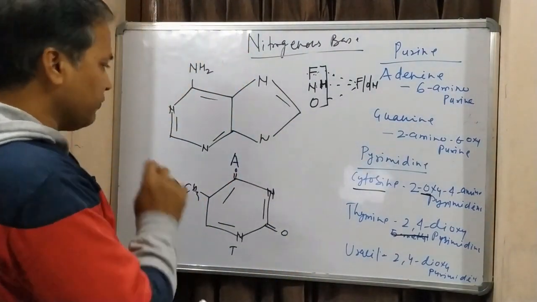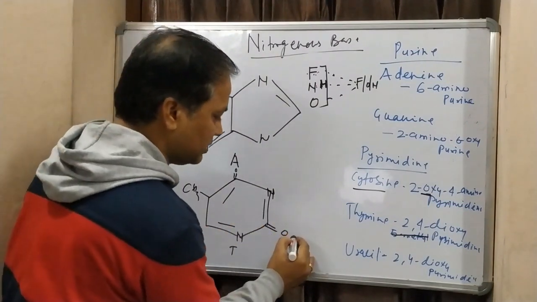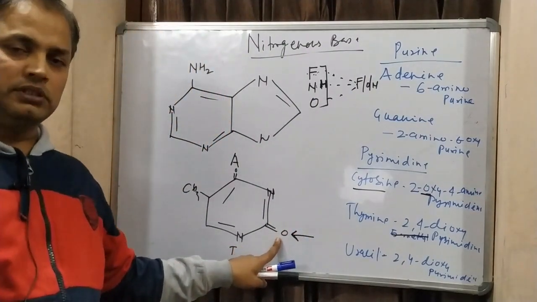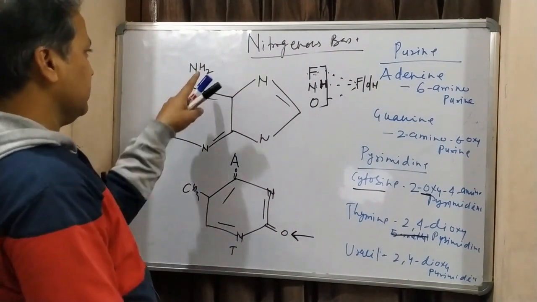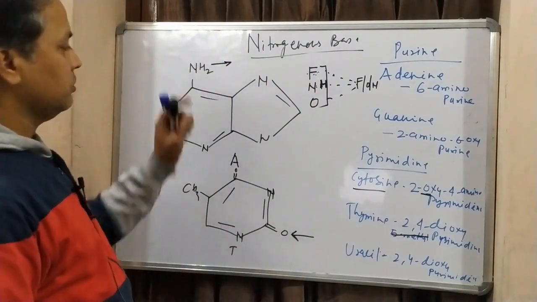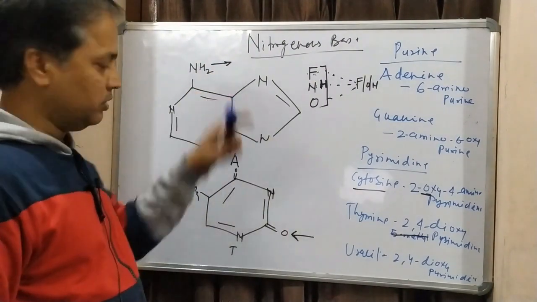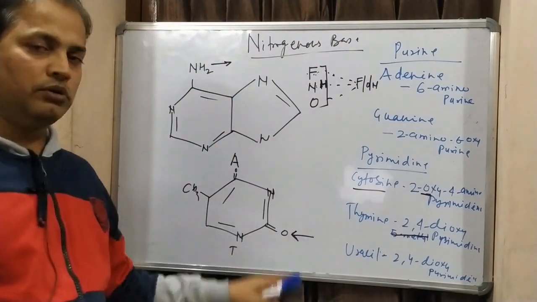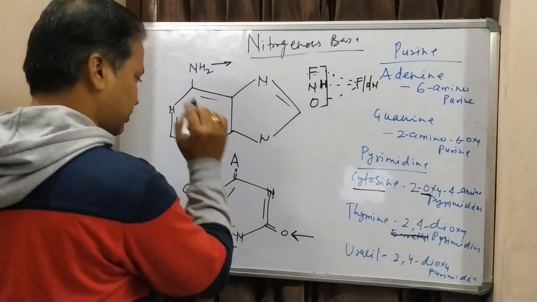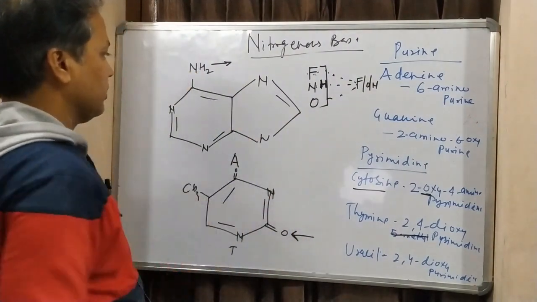If I have to form hydrogen bonds, because this does not have hydrogen, it will work as an acceptor. So we put an arrow towards this one, meaning it is a hydrogen acceptor. Similarly, this is having hydrogen, so it will always work as a hydrogen donor. We denote an arrow away from the molecule as hydrogen donor, and an arrow towards a molecule as hydrogen acceptor. So hydrogen bonds can form only between a hydrogen donor and a hydrogen acceptor.